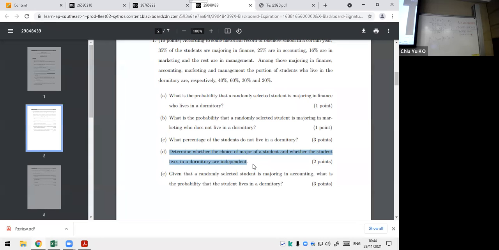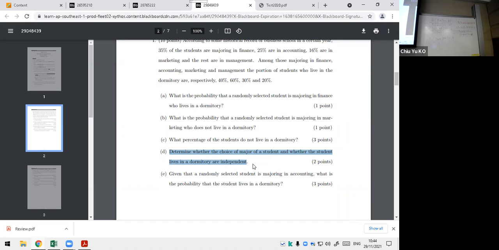So this one is given that the student was already living in DOM. So the question is asking the following: the probability that the student is a major in accounting, given DOM. So basically you are swapping this, because you have that here.